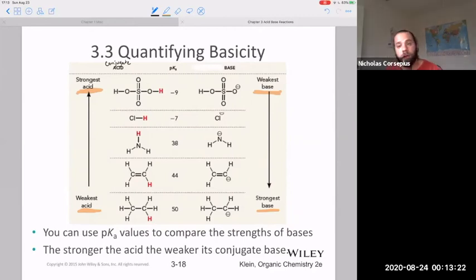All right, so this is also how you can tell basicity. This is why this one skill from the previous lecture is really important. Given a base, can you figure out what its conjugate acid is? That's going to be really important because you're going to need that skill in order to be able to compare basicities by looking up these molecules on this pKa table.